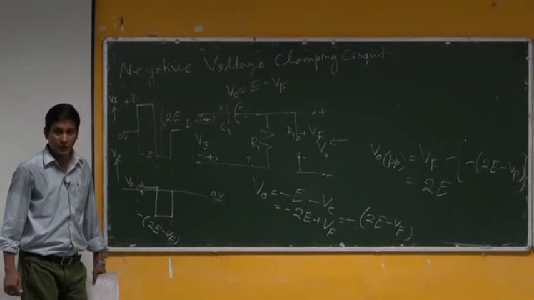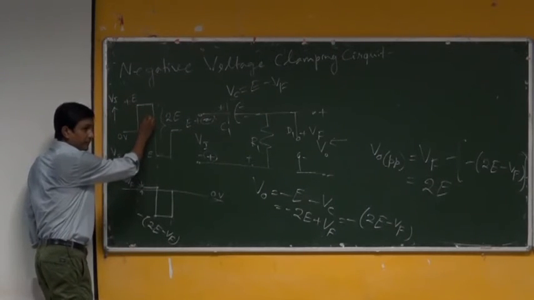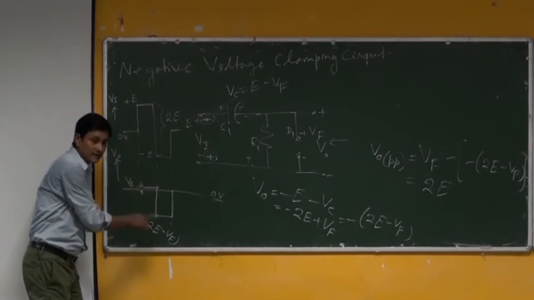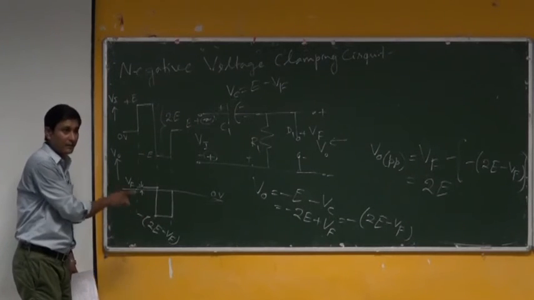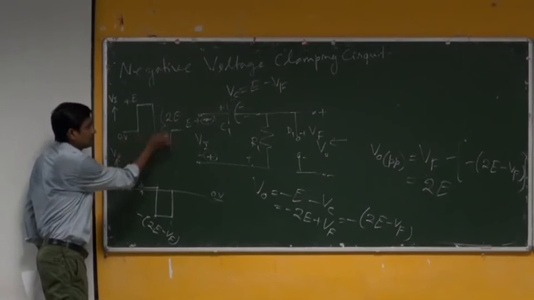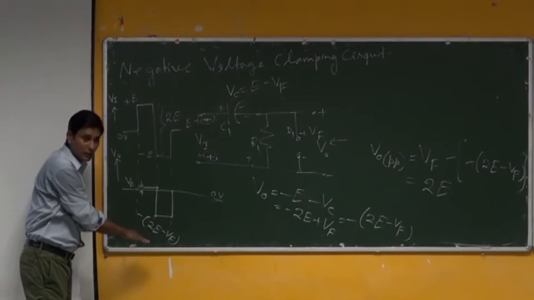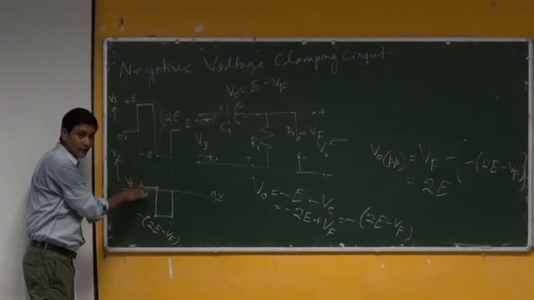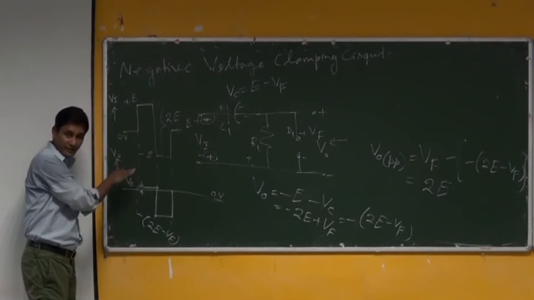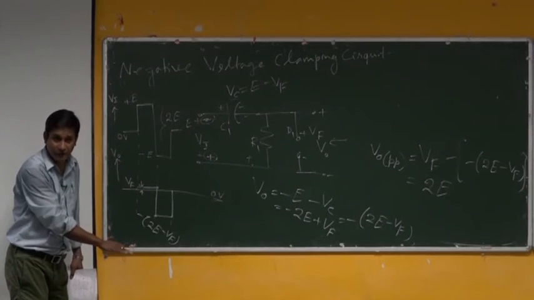Okay. So, in terms of wave shape, it is exactly the same, but in terms of clamping, earlier it was clamped in such a way that the positive side went up to plus E and the negative side up to minus E. Now, in this, it is clamped up to plus Vf and up to minus 2E minus Vf.